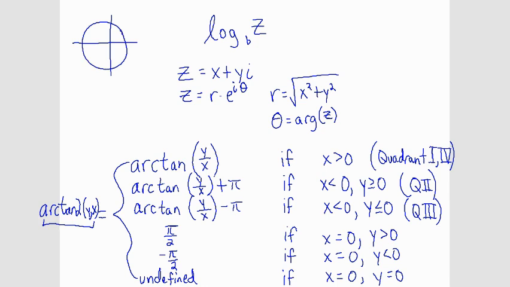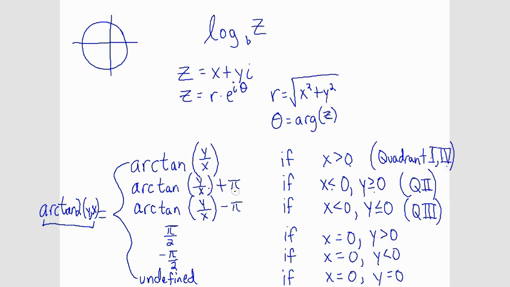So if x is greater than 0, then we're in quadrant 1 or 4. That's where arctan is defined to be between its regular interval of negative pi over 2 and pi over 2. Anytime we're in quadrant 2 or 3, we have to make adjustments. And let's think why. In quadrant 2, x is less than 0 and y is greater than or equal to 0. Well, that would lead to a negative result in the arctan the same way as if we were in quadrant 4.